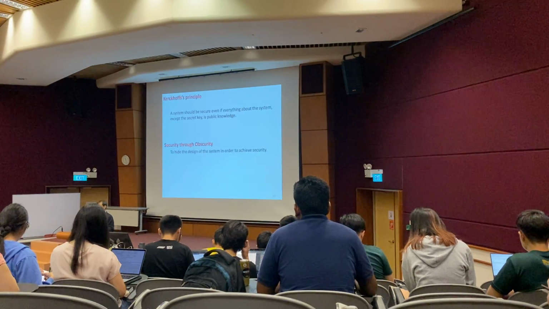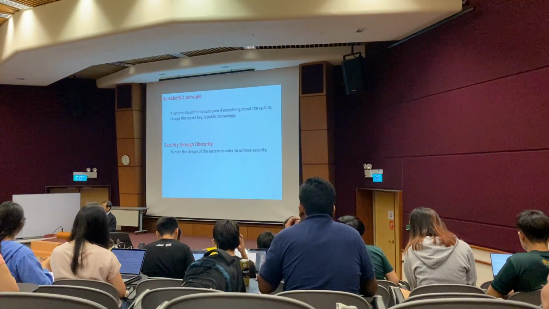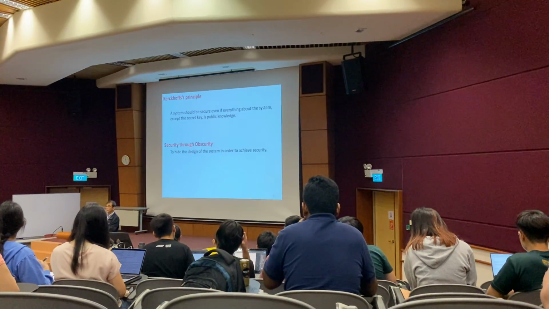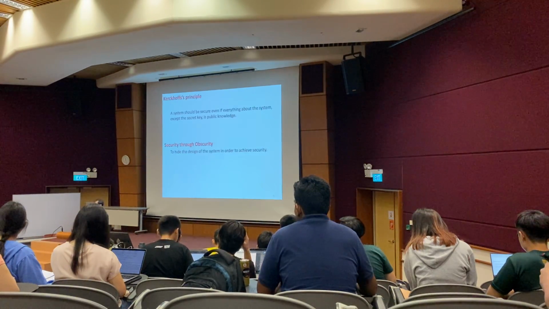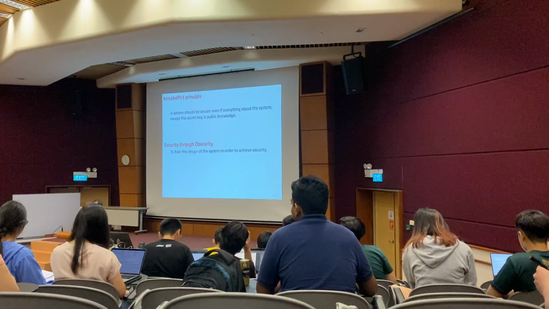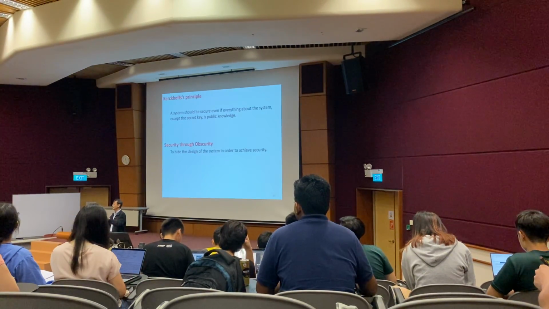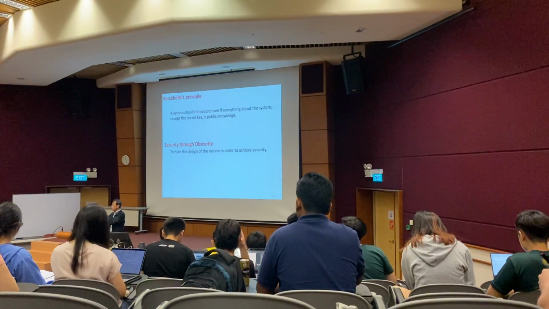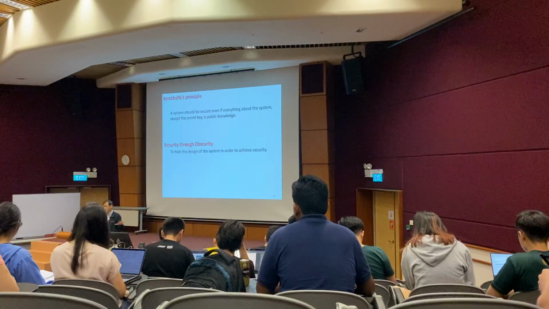For example, you go to an undergrad office and ask, "Excuse me, how is the exam mark calculated? Which system do you use?" The guy will tell you, "Go away." "What system do lecturers use to enter their marks?" So this is protection by obscurity. We do not tell you; we hide the details of the workflow, the system.